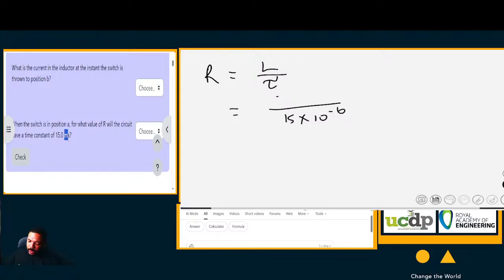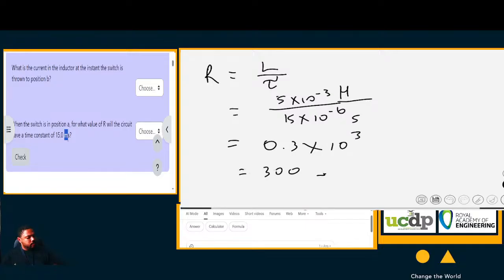Okay, so the inductance is still 5 millihenry. Inductance is correct. The time constant should be in micro. And this will give you, that's minus 6, that's 3, that's 15, that's 0.3 times 10 to the 3, if I'm not mistaken. So 300 ohm.